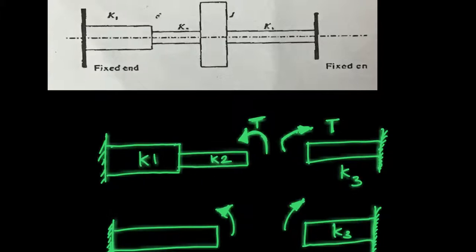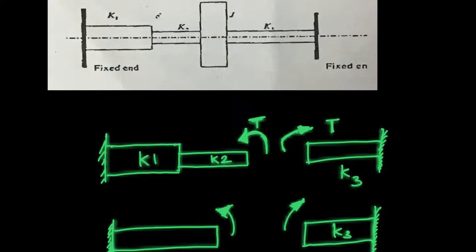And among these two springs, K1 and K2, among these two torsional springs, I have my external torque acting on the system as the same, which in turn means that these two springs are in series connection.